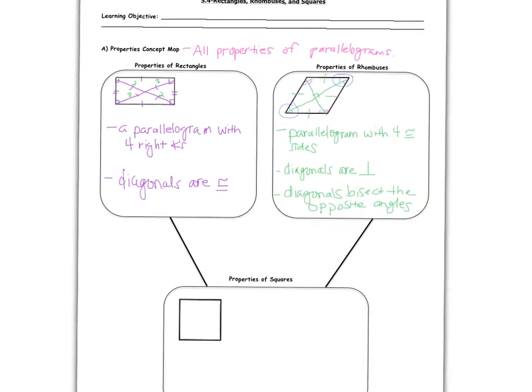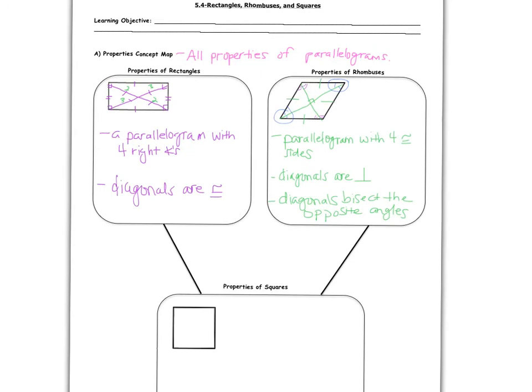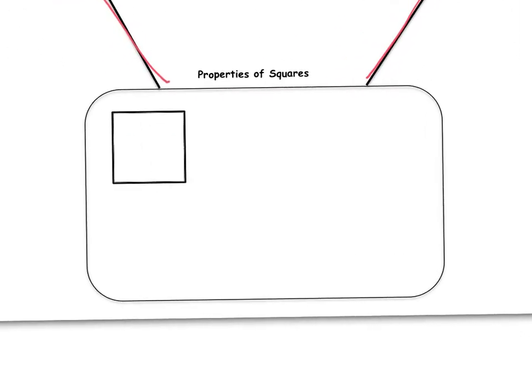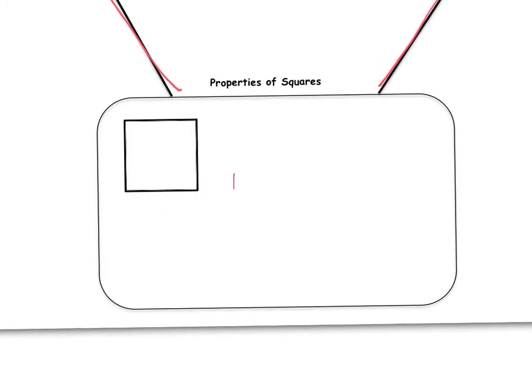As you can see how these notes are set up, you have those little arrows drawn down from a rectangle and a rhombus down to the square. That is because a square combines all of the properties of a rectangle and a rhombus. So this is a parallelogram with both 4 congruent sides and 4 right angles.